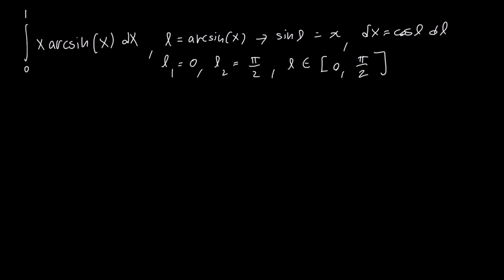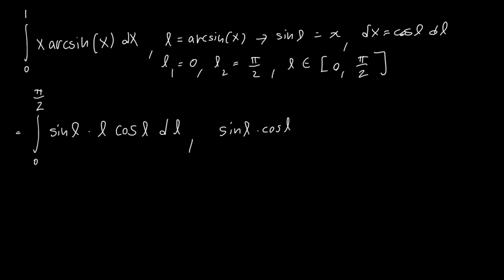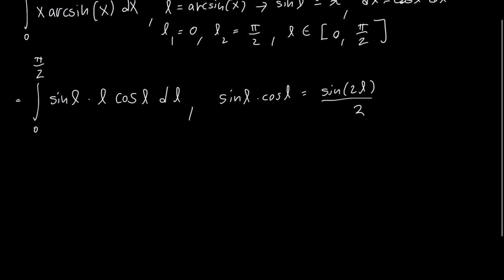And this interval will turn the integral into the integral from 0 to pi over 2 of x, which is the sine of L. Arcsine of x, we said it's L, and dx is cosine L dL. And recall the identity that the sine of L times the cosine of L is the sine of 2L over 2.